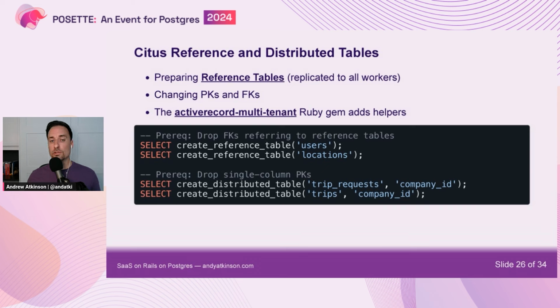It's also worth noting there's another Ruby gem called Active Record Multi-Tenant that adds Ruby helpers for some of these SQL functions that we get from the Citus extension. On the top here, we're creating two reference tables using these functions, create reference table and create distributed table. On the bottom, we're creating distributed tables for the trip request table and trips, both specifying our company ID distribution column.